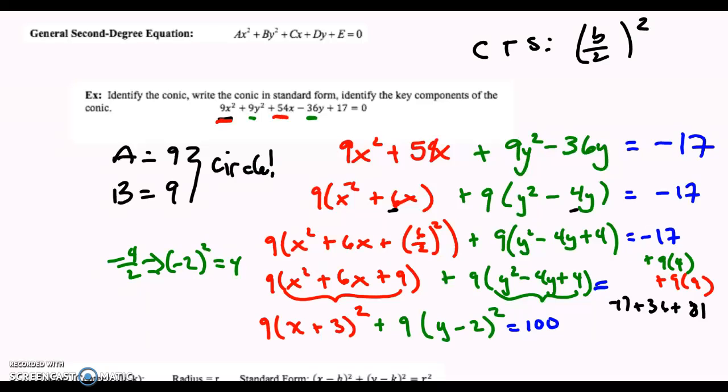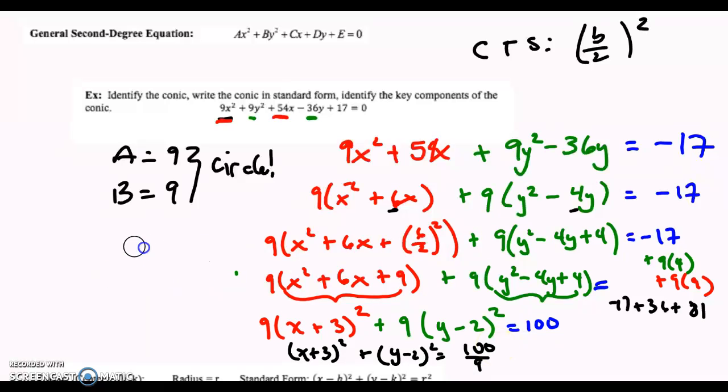Now, I'll finish this up. I'm going to divide by 9 on both sides because the standard form of the equation should be x and y with coefficients of 1 in front of the parentheses. So my final part is going to be x plus 3 quantity squared plus y minus 2 quantity squared equals 100 over 9. What does this tell me?